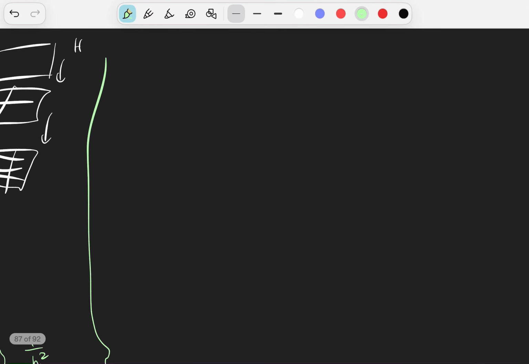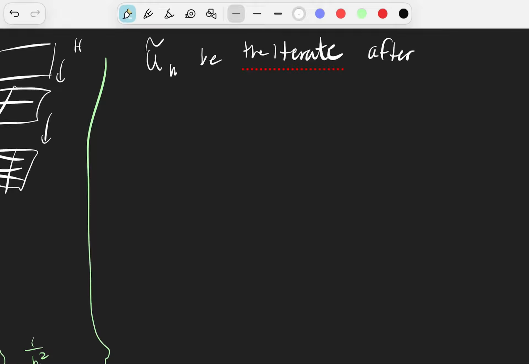So what we can do is try to do something called coarse grid correction, and this is targeted specifically at smooth errors. So we can say let U tilde of H be the iterate after smoothing.